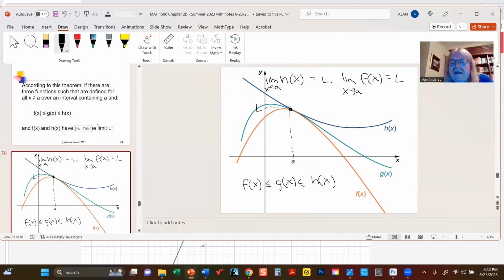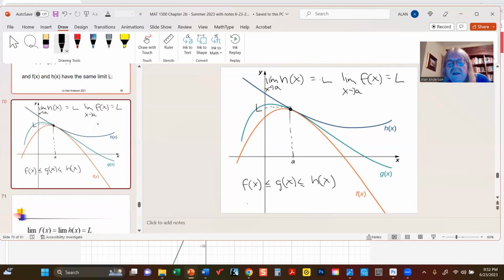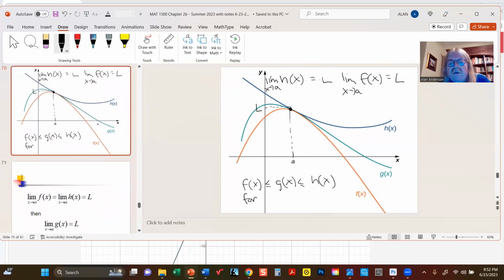actually, this doesn't have to be for all real numbers, by the way. It's okay if this is only for an interval containing a. After that, it hardly matters, because we're only interested in the limit as we approach a. In this graph that they've shown us, g of x is in between the two.